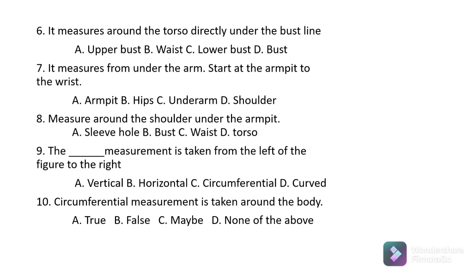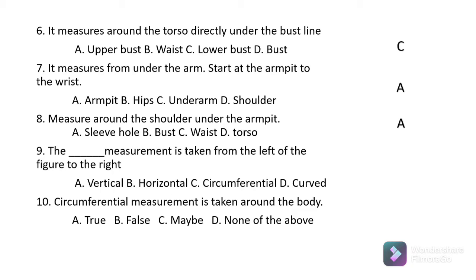Time is up. Let us check your work. Number 6, it measures around the torso directly under the bust line. It is lower bust. It measures from the underarm, start at the armpit to the waist. That is armpit. Next, number 8, measure around the shoulder under the armpit is known as the sleeve hole.